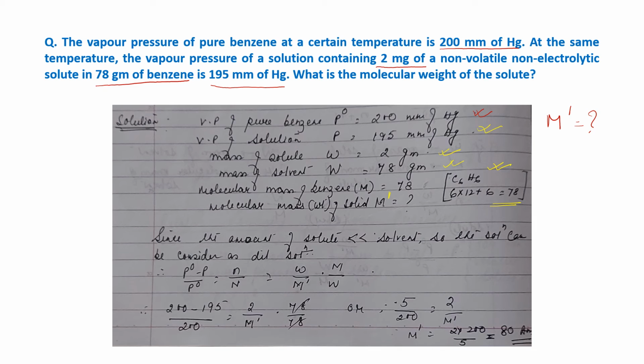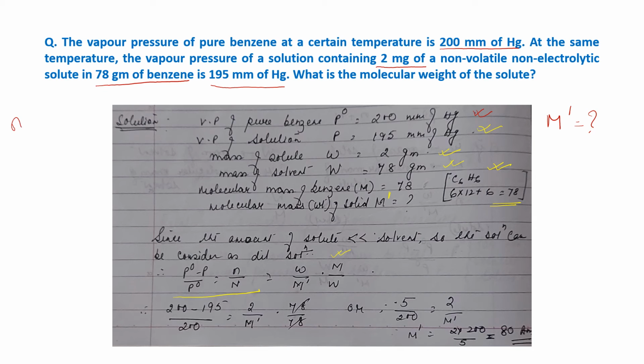Since the amount of the solute is much less than the solvent, only 2 gram is dissolved in 78 gram, the solution can be considered as a dilute solution. So my formula is P naught minus P by P naught is equal to small n by capital N. We can take this formula. Now, what is small n?